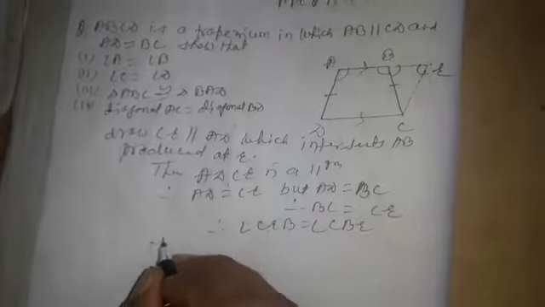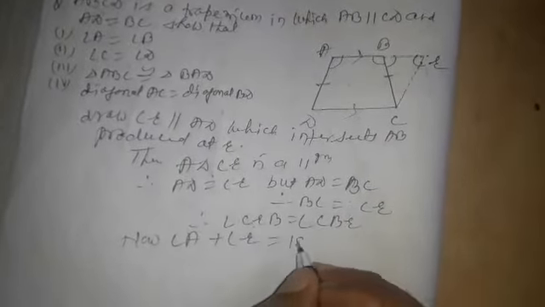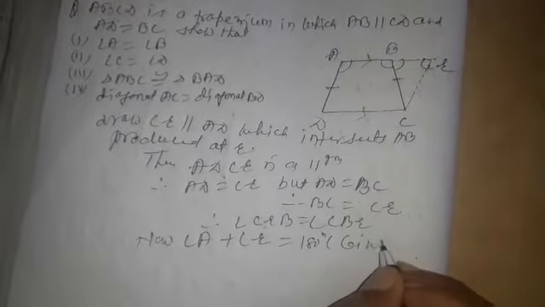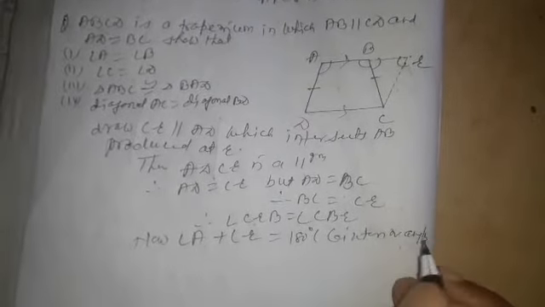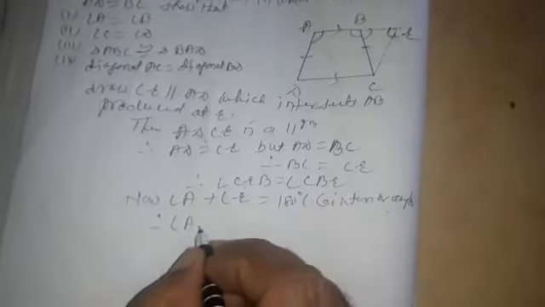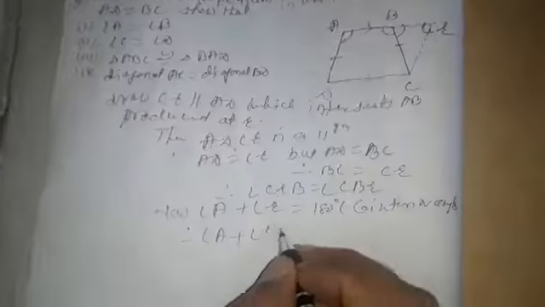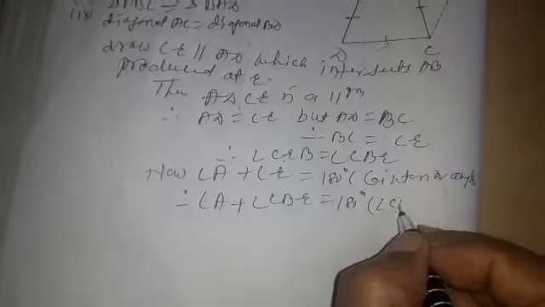Now angle A plus angle E is equal to 180 degrees, co-interior angles of a parallelogram, interior angles. Therefore angle A plus angle CBE is also 180 degrees, as angle CBE is equal to angle CEB.